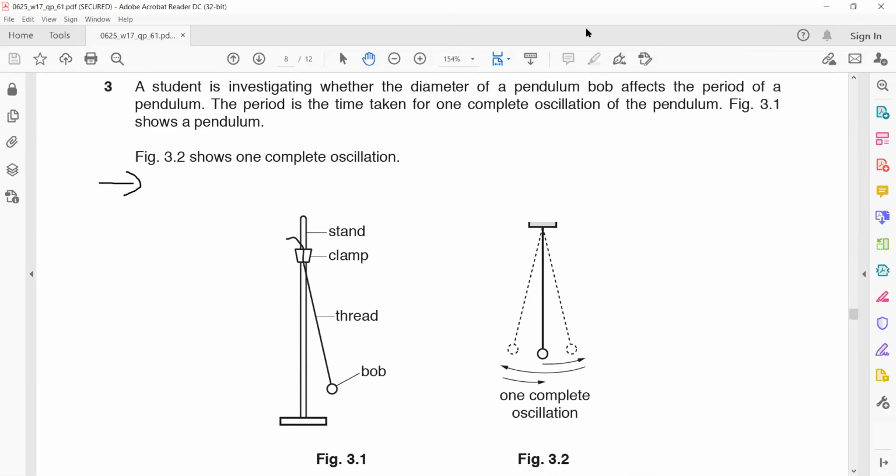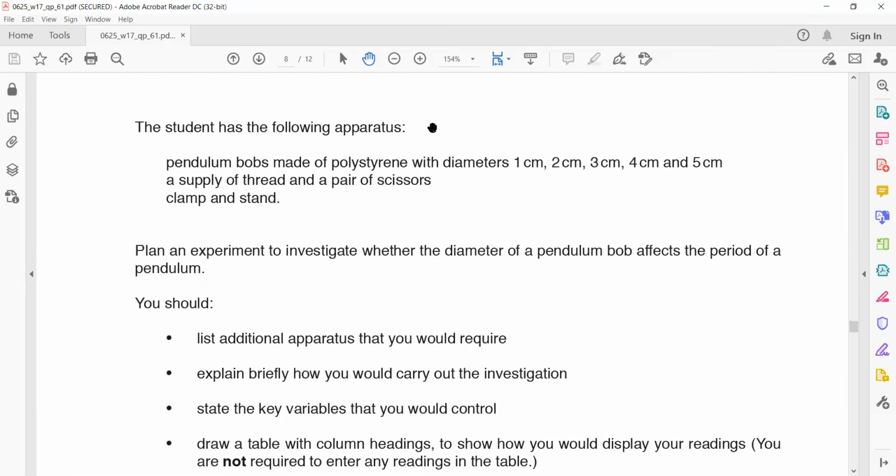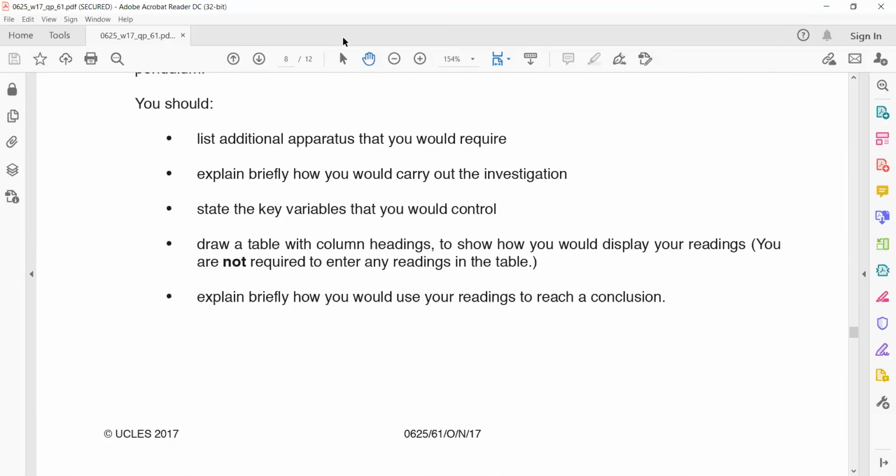So how will we make sure that the length is the same? We have to measure. That's why the additional apparatus we need here is a stopwatch and the meter rule. You can use the meter rule along with a set square to avoid a parallax error. That's correct.